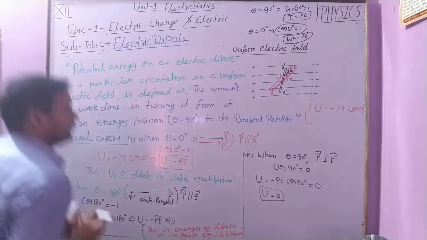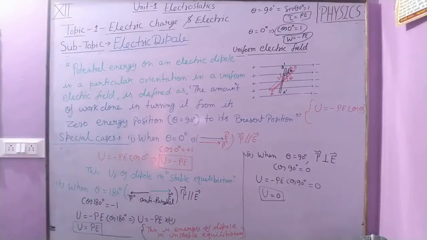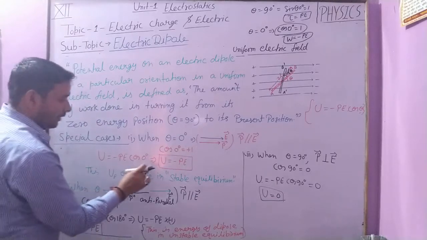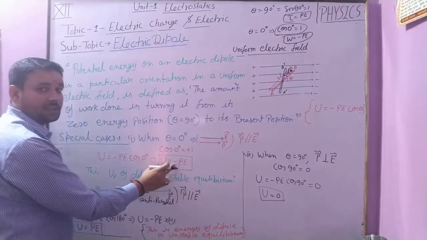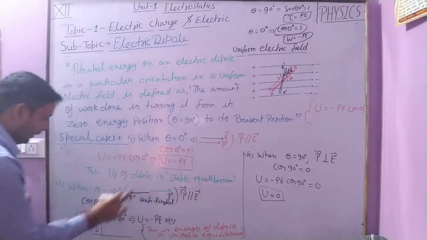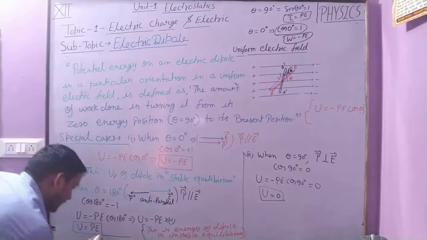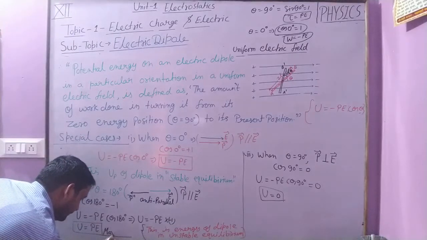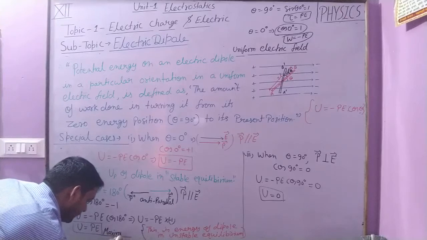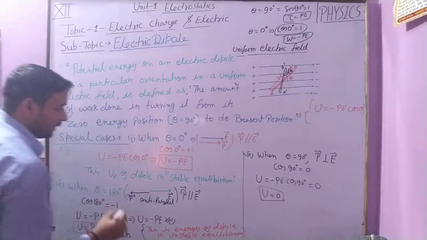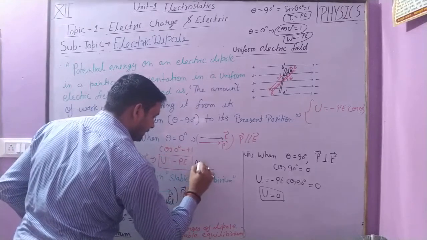In the stable equilibrium, the potential energy is negative, while in unstable equilibrium the potential energy is positive. So this is the maximum potential energy and this is the minimum potential energy.